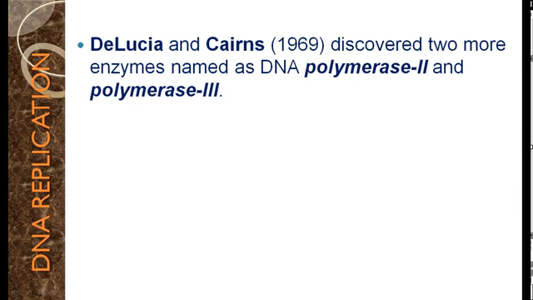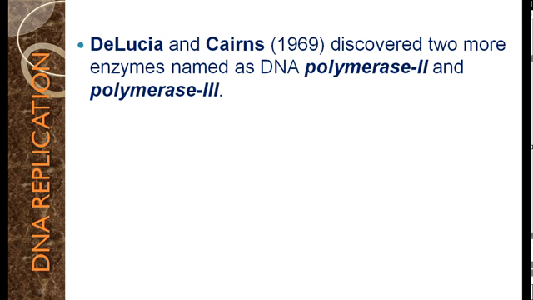Now the enzyme DNA polymerase 1, 2 and 3. There are 3 such enzymes. Here polymerase 1 has not been mentioned. It was the first enzyme discovered by Kornberg in 1969. So it is also known as Kornberg enzyme.